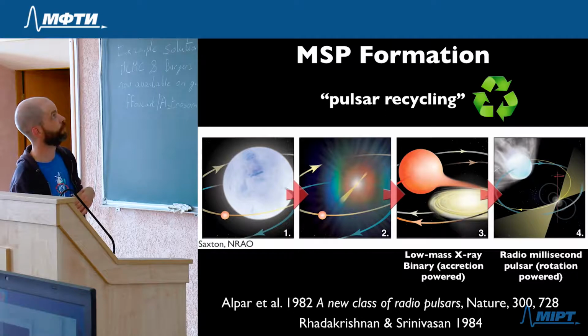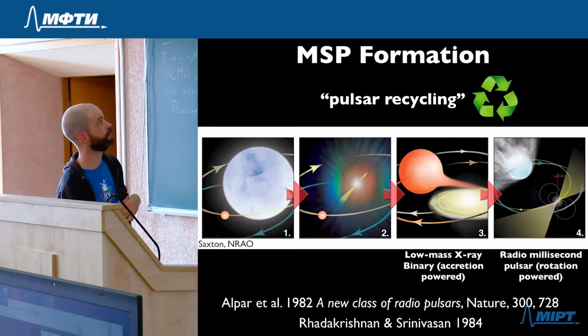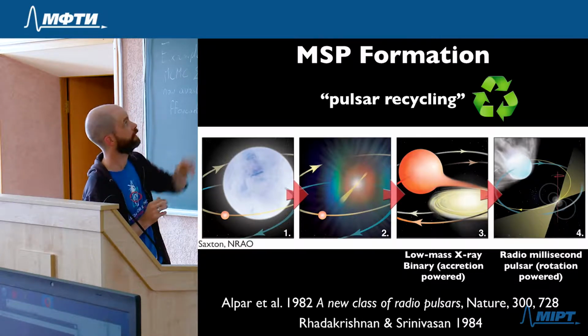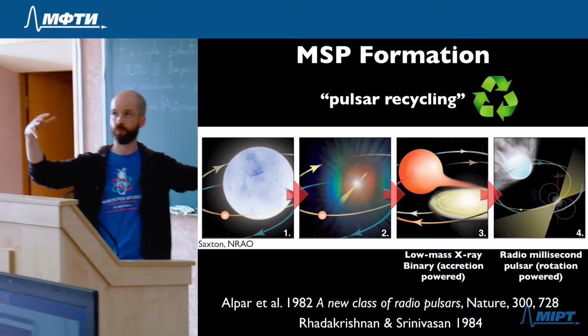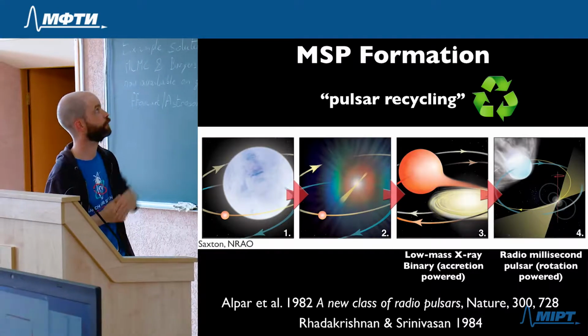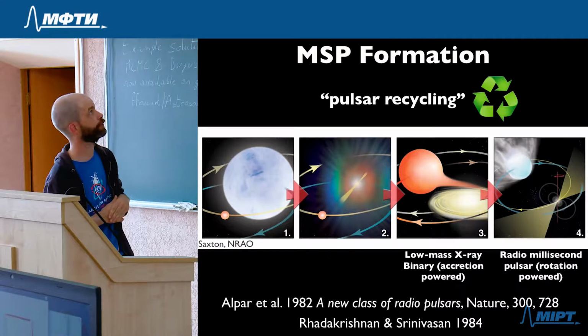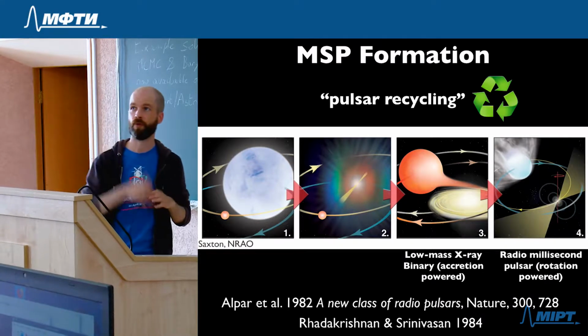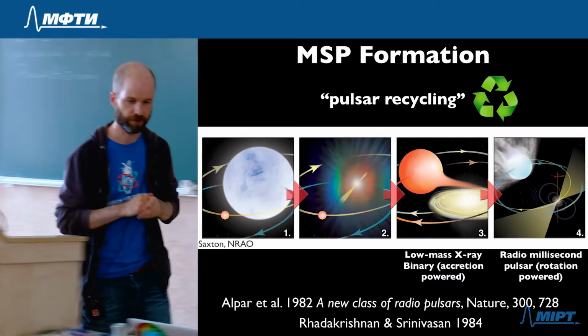But as that system evolves over many, many years, the pulsar will eventually die after about 10 million years or so. The companion will evolve as well, and it can, in its evolution, bloat and fill its Roche lobe. It can transfer mass through the Roche lobe, creating an accretion disk, and then transfer both angular momentum and matter onto the neutron star.